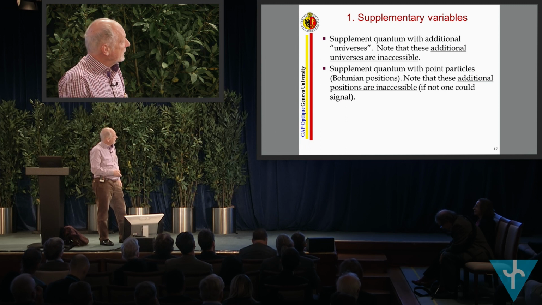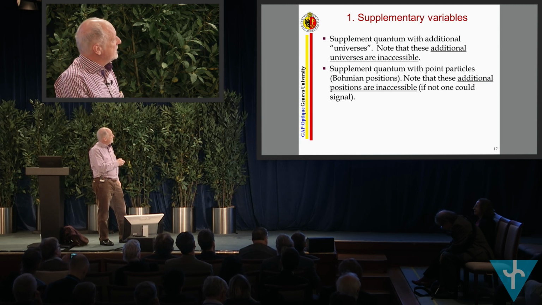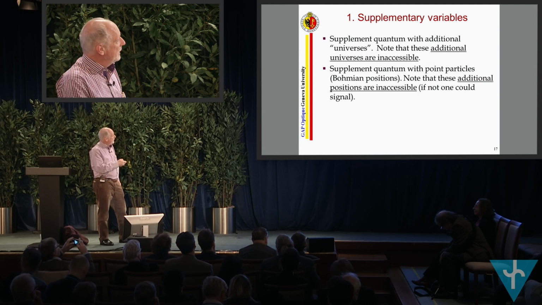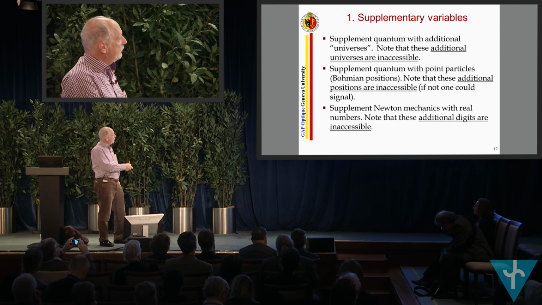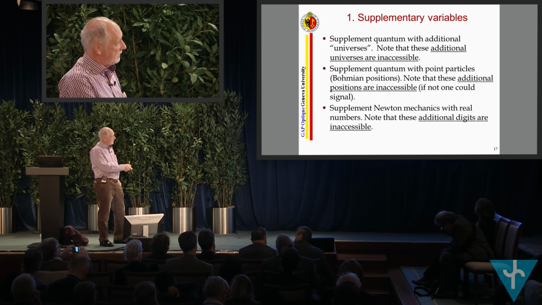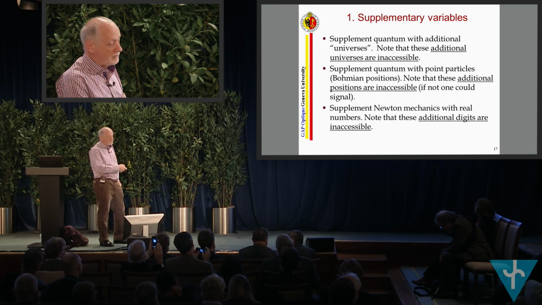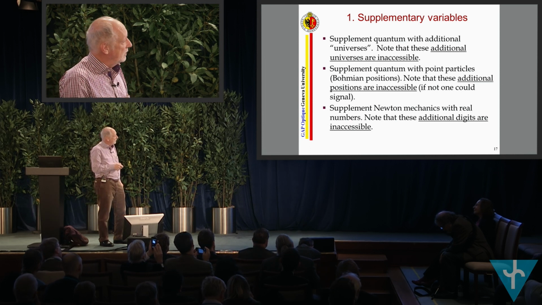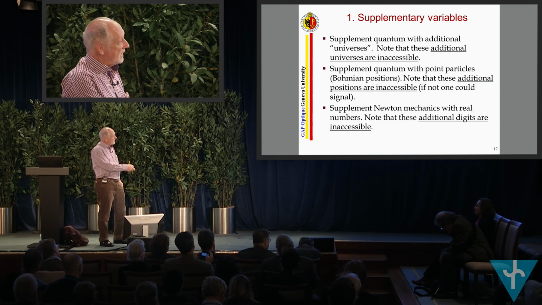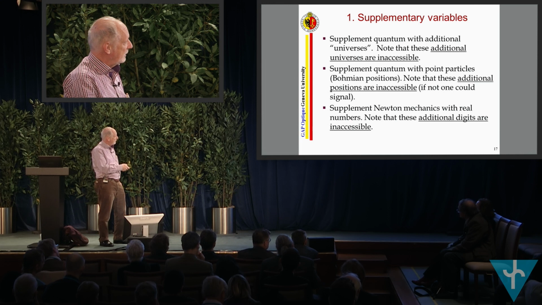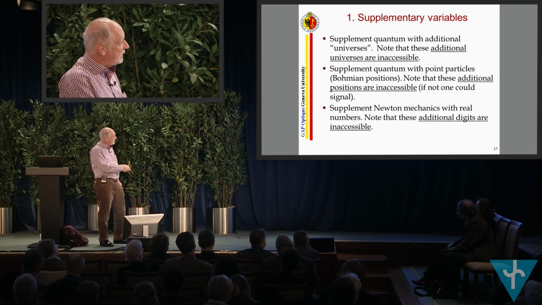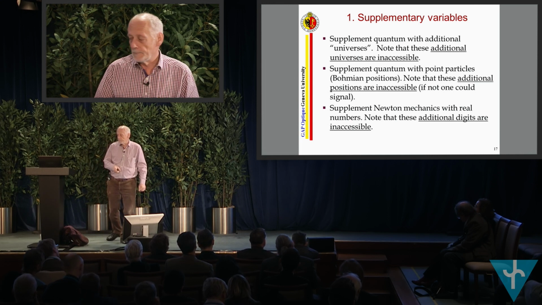If not, one could signal. But you can do that, and this is certainly an interesting path. And a third possibility is to supplement Newton's mechanics with real numbers, with the mathematical real numbers. And by the way, these additional digits that you would then postulate to classical Newtonian mechanics are equally inaccessible.